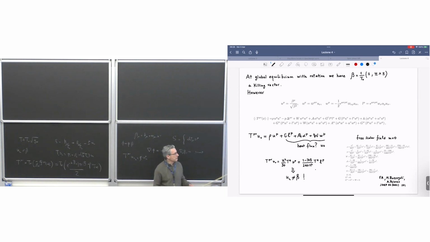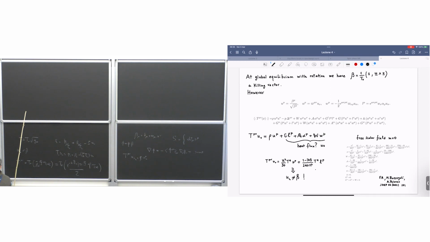is also proportional to T to the fourth. This is unavoidable for dimensional reasons, which depends on the xi. Xi is a coefficient which defines which kind of stress energy tensor we have. The most common choices are the conformal, which is with xi equal 1/6, and the minimal coupling with xi equal 0.